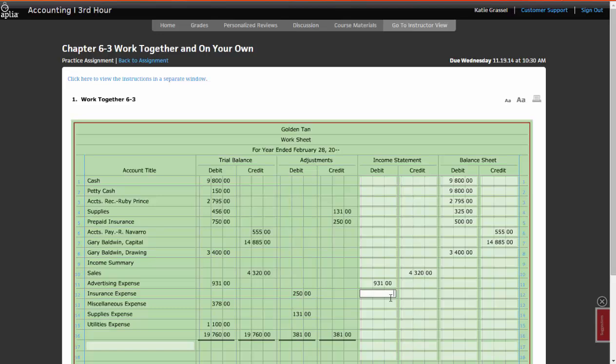What do you do? $250 as a debit. Now, this is what some people do real quick. They look here and say, oh, it's not a debit, it's a credit, because they see this there, and then they put it as a credit, and then things don't work. You need to realize that this is a debit, an adjustment. So if I take 0 plus a debit of $250, it goes here as a debit of $250.